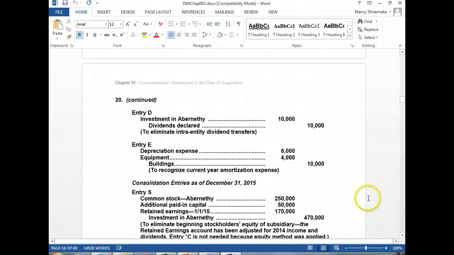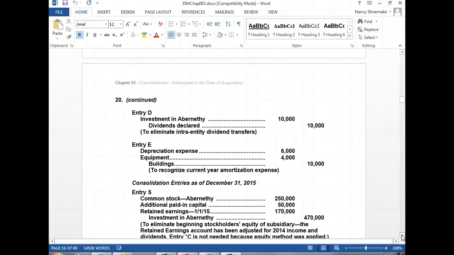Okay? So we're going to show depreciation expense of $6,000. We're actually taking $10,000 on the buildings and we're minusing. It's kind of goofy. We're doing the opposite on equipment because it was undervalued. So technically, we're really only taking a net of $6,000 in depreciation. 10 of it being for the building, 4 of it being a minus on the equipment. So we've got to show that amount.